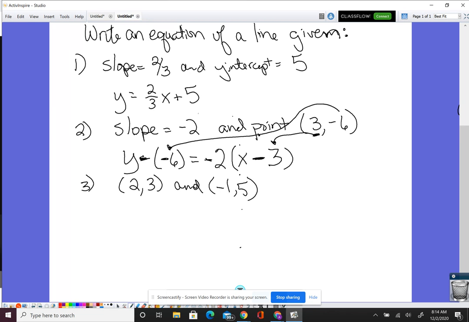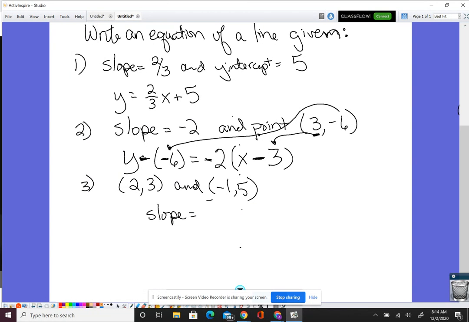Someone was going to answer slope. So back from our day 1 review, we looked at when you're given 2 points, how do you find a slope between them? You take the difference between the y's.